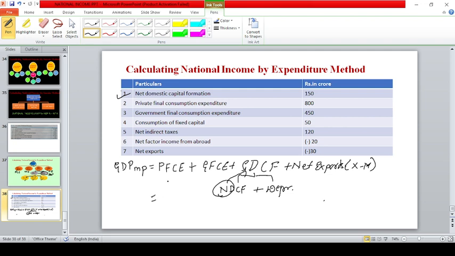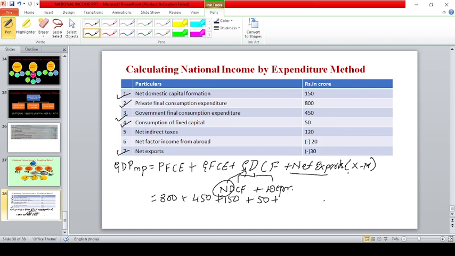So quickly let us substitute the values over here. Private final consumption expenditure is given as 800, plus government final consumption expenditure, value is 450, plus net domestic capital formation is given to us, that is 150, plus depreciation, that is consumption of fixed capital, that is 50, plus net export, directly given to us.